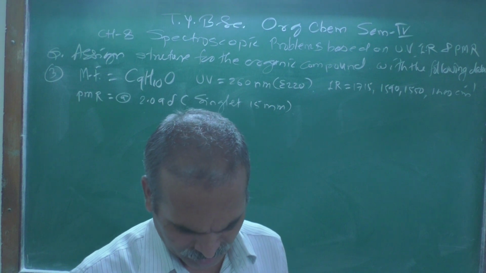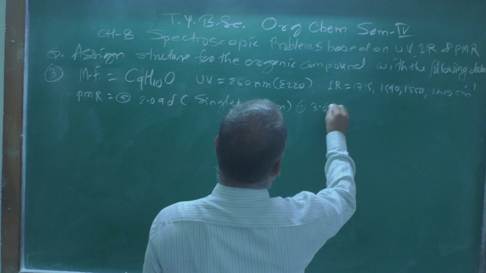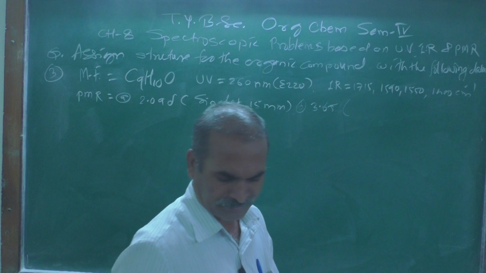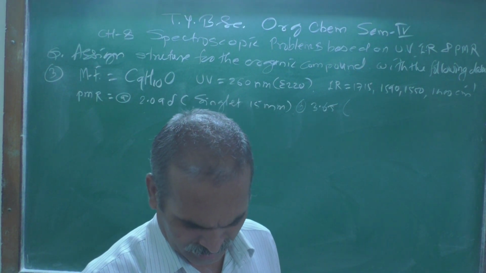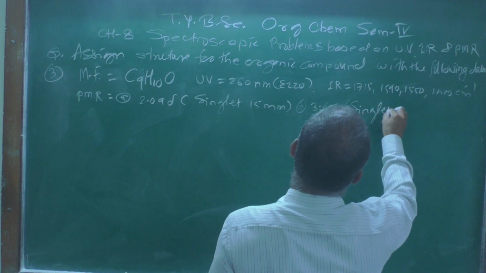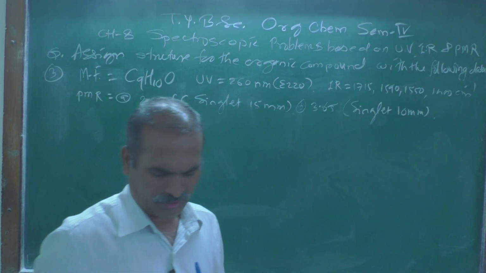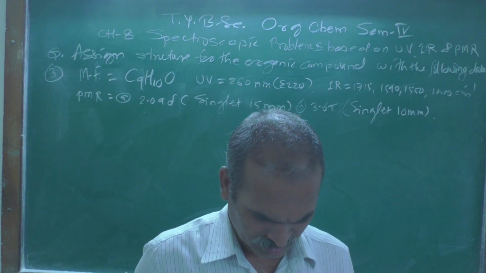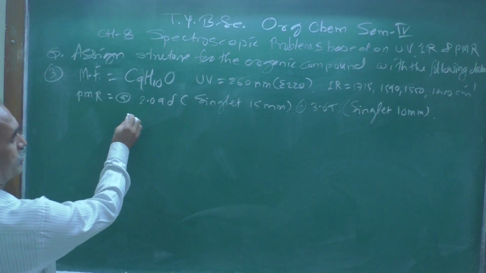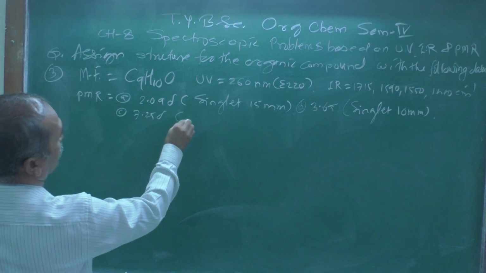Then B, 3.65 in bracket, singlet, 10 mm. And C is given 7.25 delta.